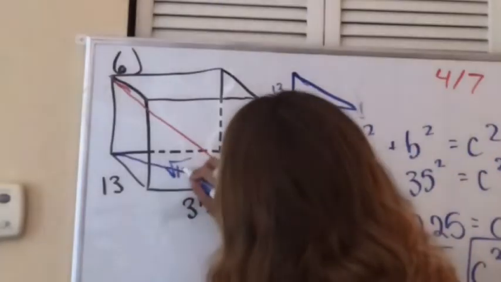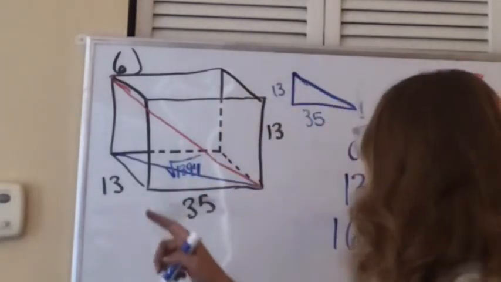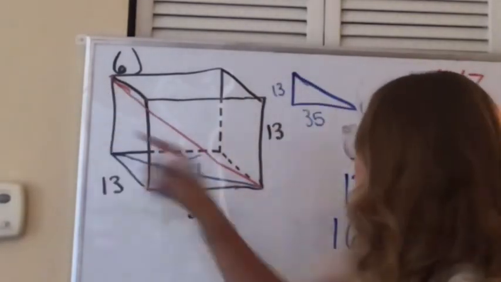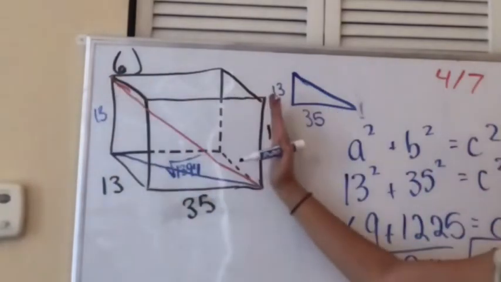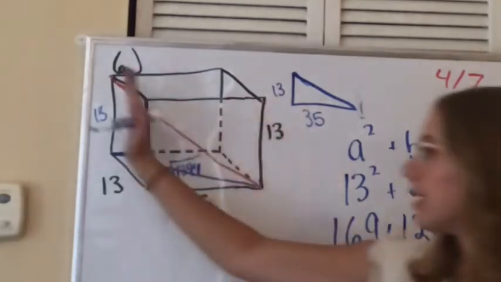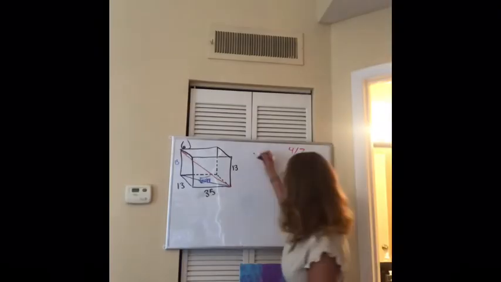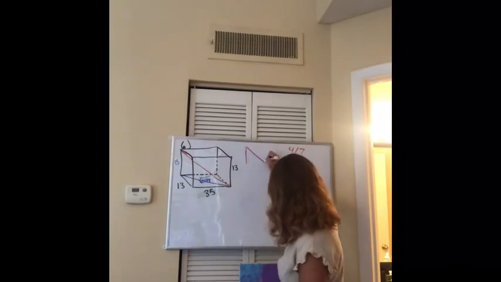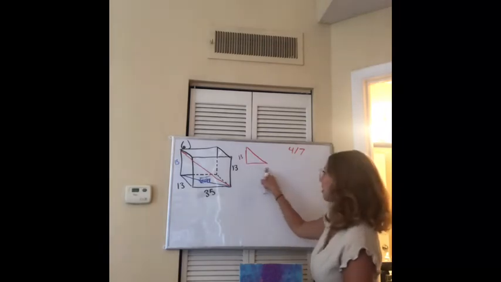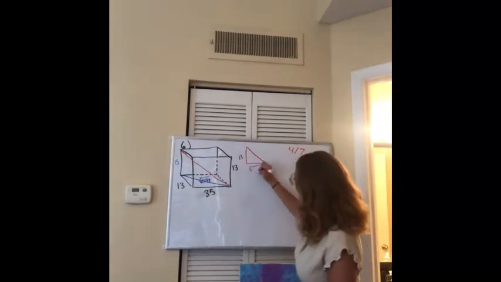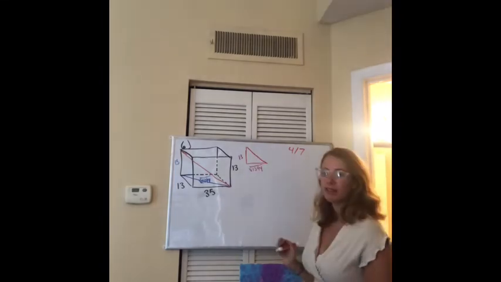And we know that this part of the square is 13 because it is parallel to this part of the cube, which is also 13. So this triangle looks like this. This direction is 13. This direction is the square root of 1,394. And we are looking for this diagonal.